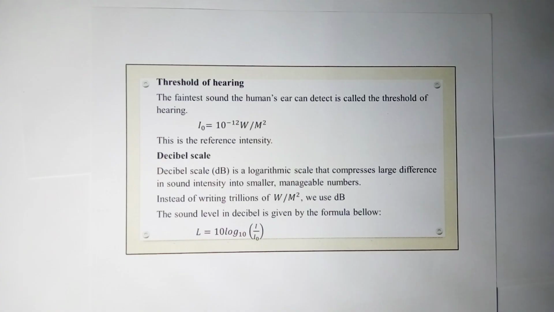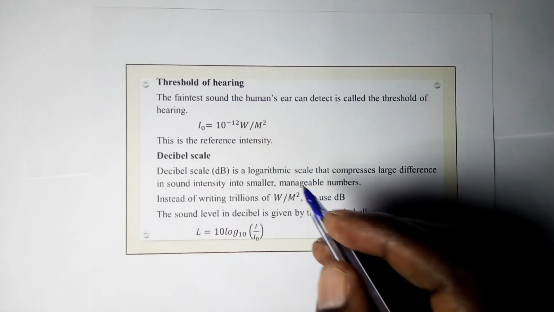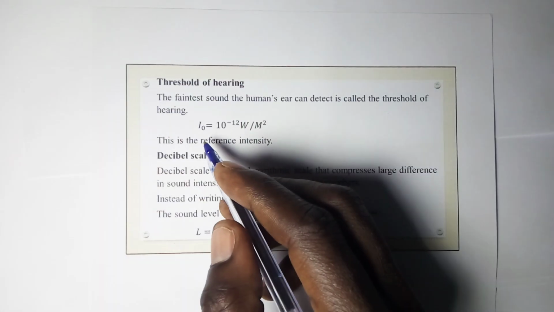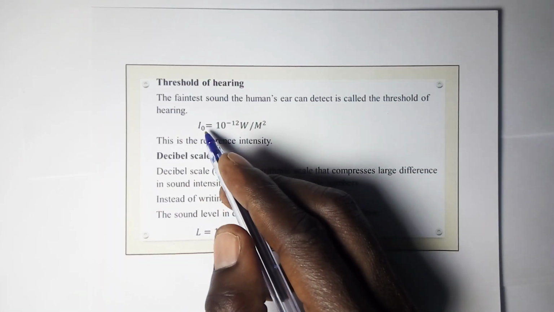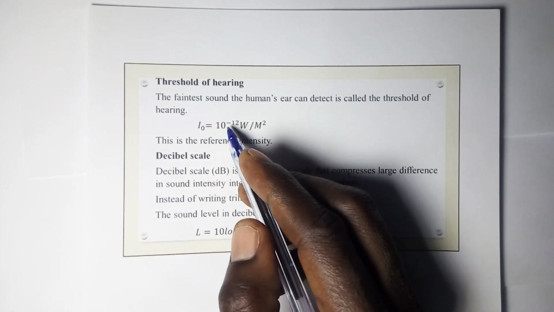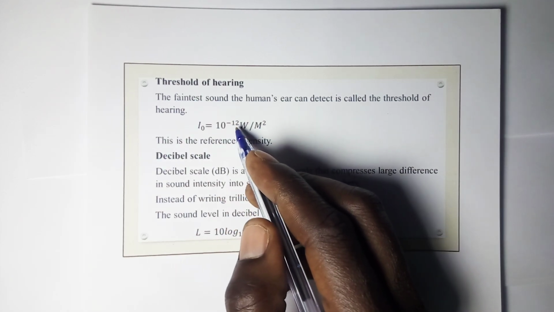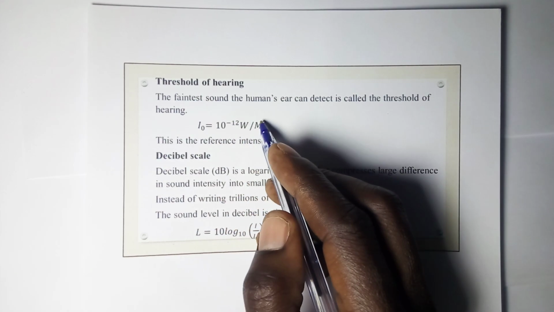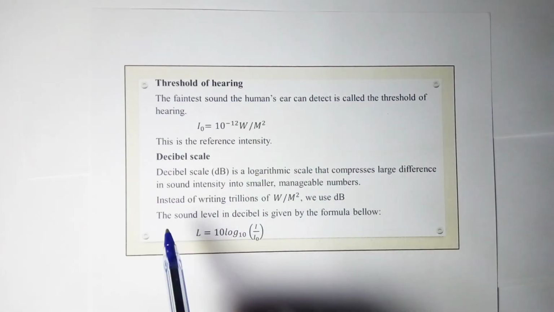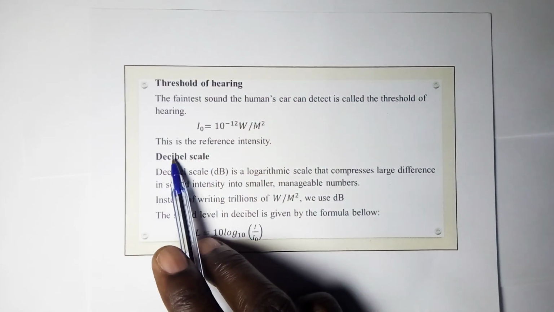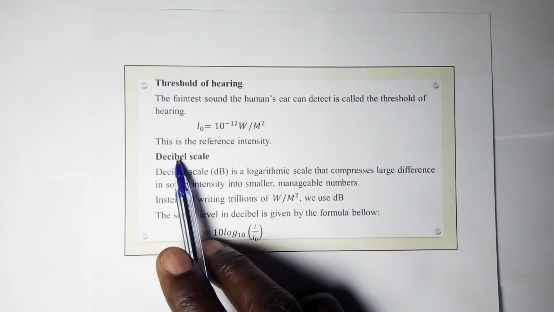The threshold of hearing is denoted as I naught equals 10 power negative 12 watts per meter squared. This is the reference intensity.